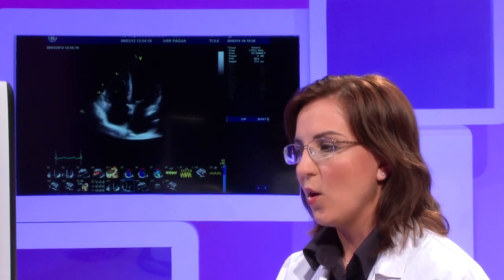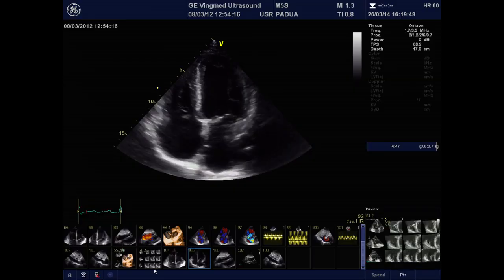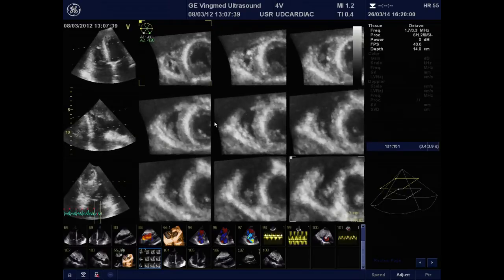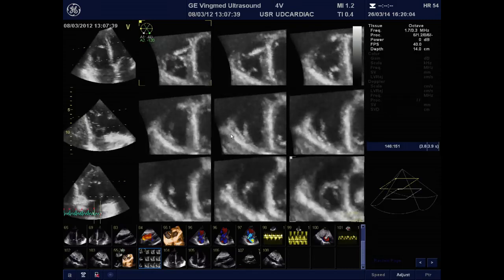For assessing the consequences on the chambers, for assessing the size and the function of the right ventricle, I would recommend using the same data set that I have used for reconstructing the tricuspid valve. And you can see it here, which provides you a nice overview of the right ventricular function.